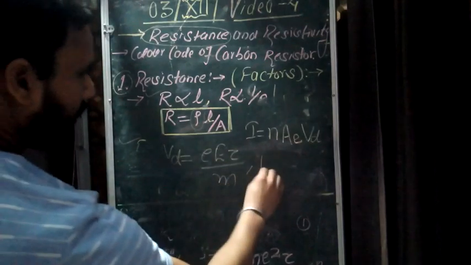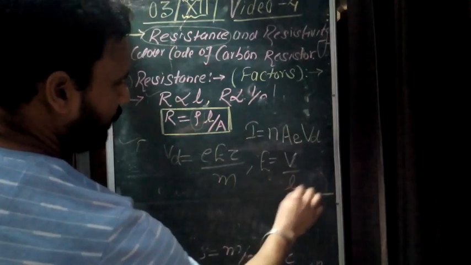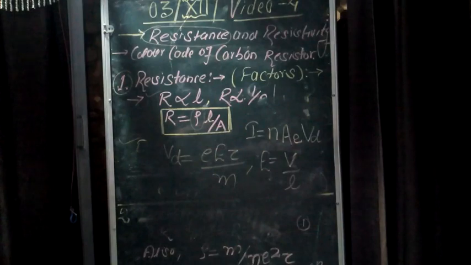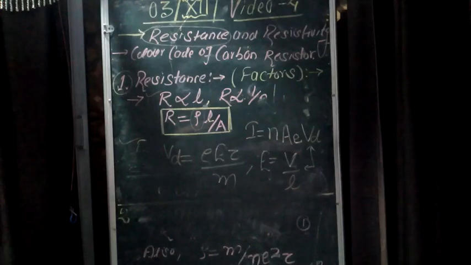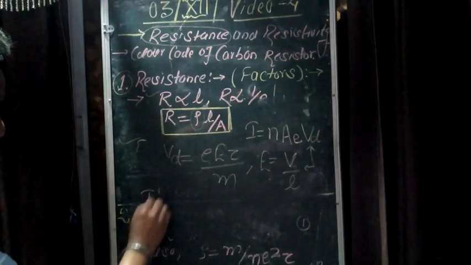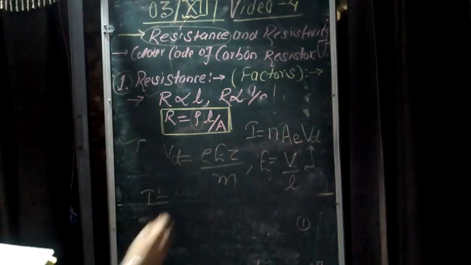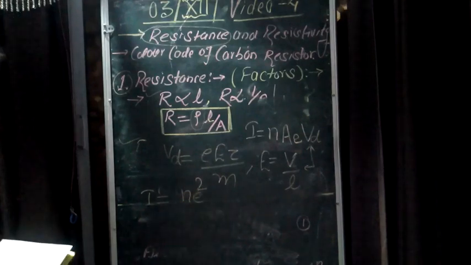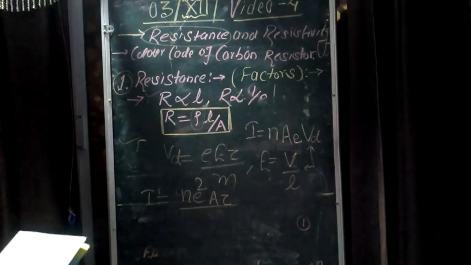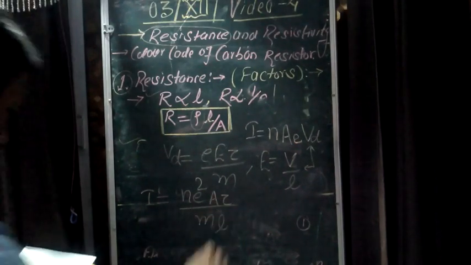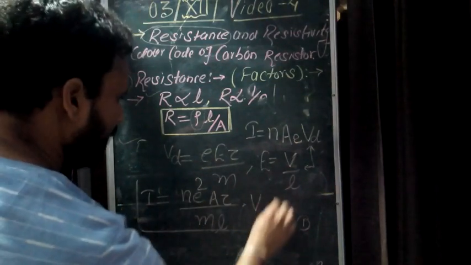Similarly, we know that E in terms of potential difference is V upon L. Now, if we take these two relationships together, we will reach a final value of I, which is equal to n e square A τ divided by mL into the potential difference V. This is a very important relationship.